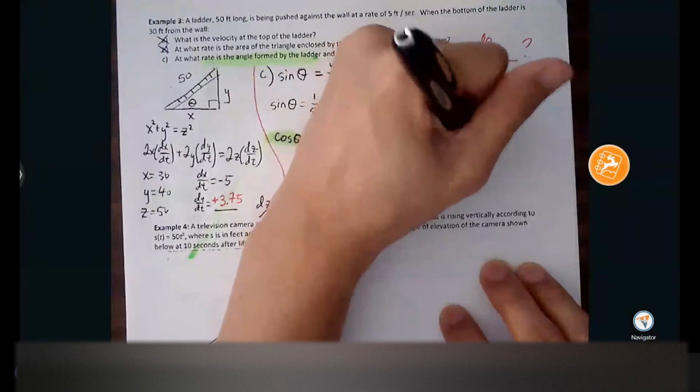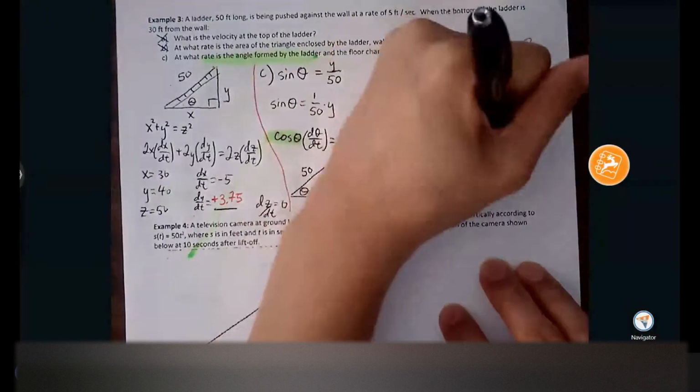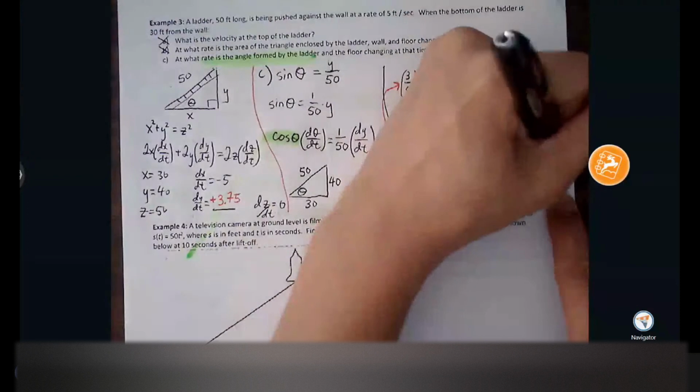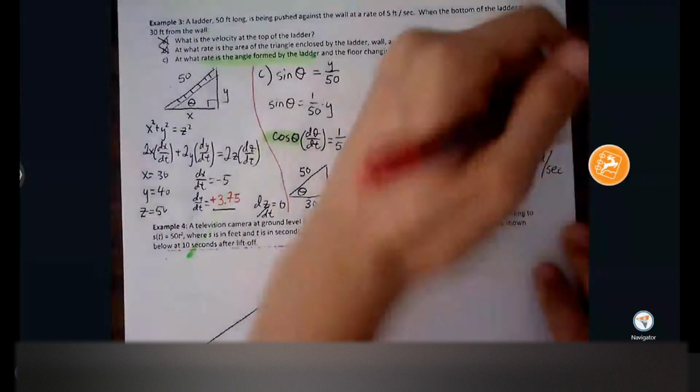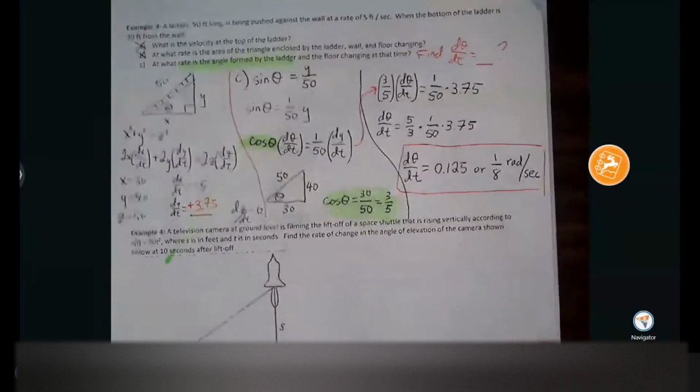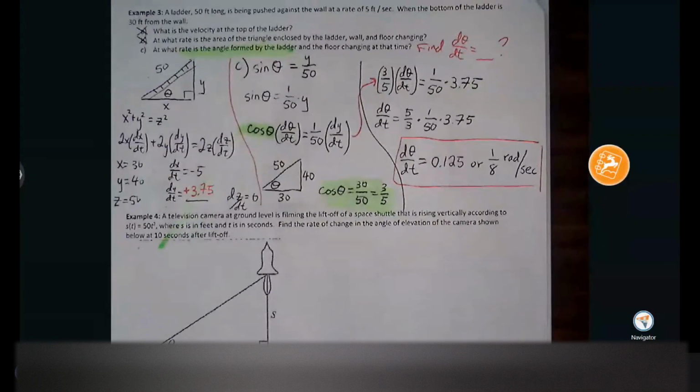And we get 0.125 or 1/8. Anytime we're dealing with theta, your unit of measure is always radians per time unit, in this case still seconds. All right, any questions with procedure here?